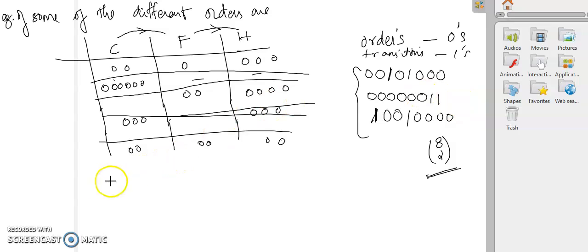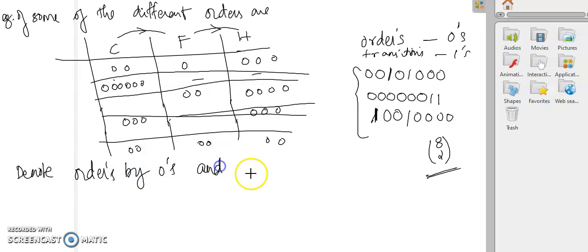So in this way, denote orders by zeros and transitions by ones.